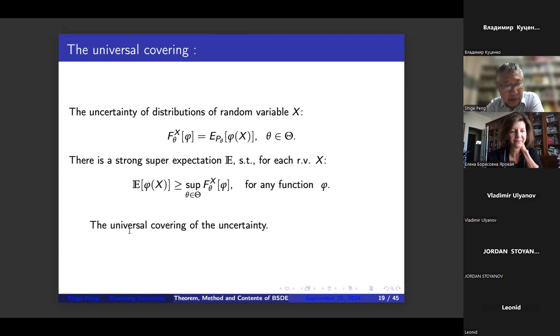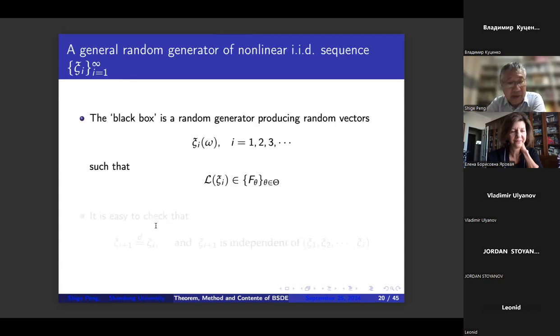I'm sorry. Let me give some examples of IID. The example of IID: consider we have a black box, and inside the black box is just a random number generator, in which we don't know the probability distribution of this random variable.